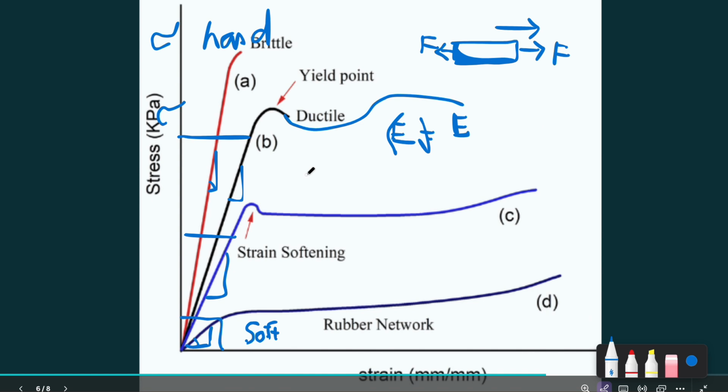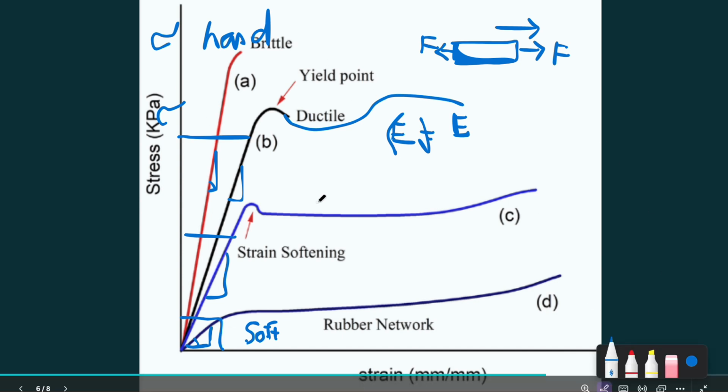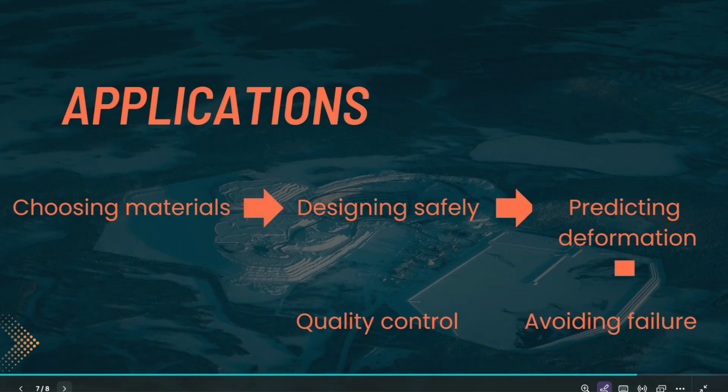And when an engineer looks at this diagram, they can understand the material and understand its strength.